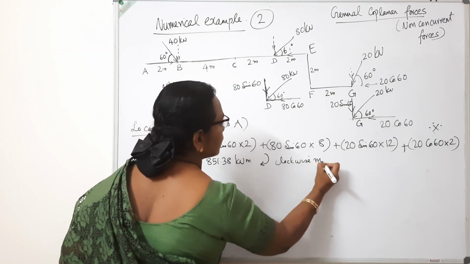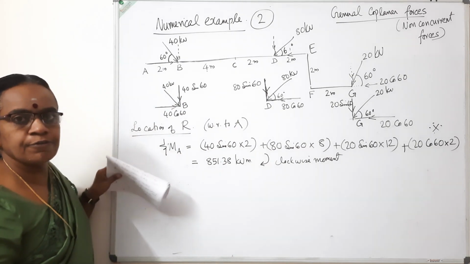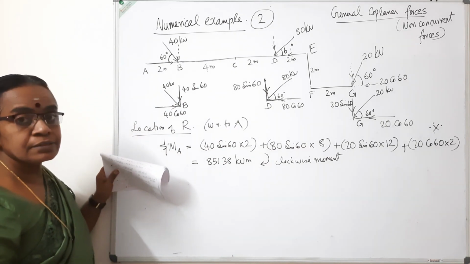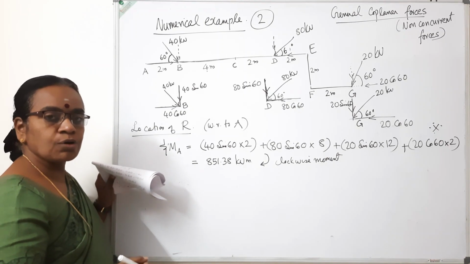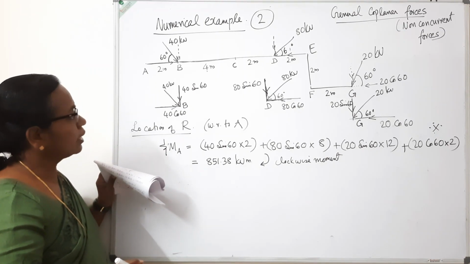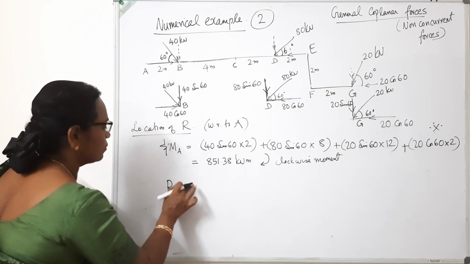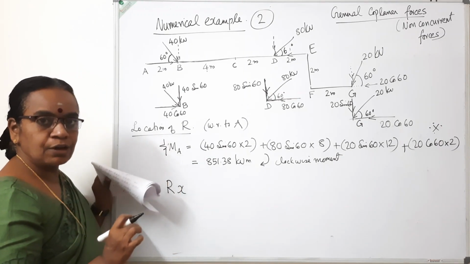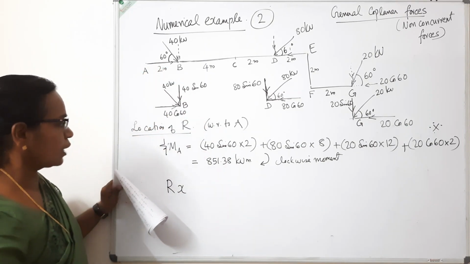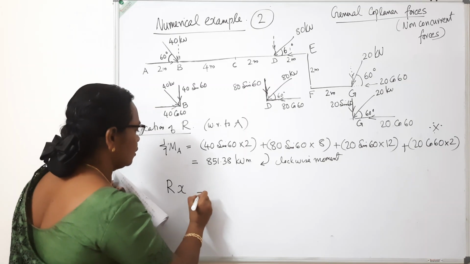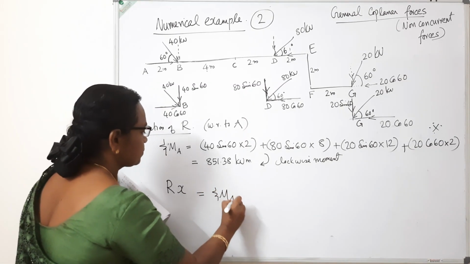This is very important, you should know the direction of the moment of the individual forces, so that the resultant should also produce a clockwise moment about A. So R into X, let X be the perpendicular distance of the line of action of the resultant from A. R into X is equal to sigma MA.